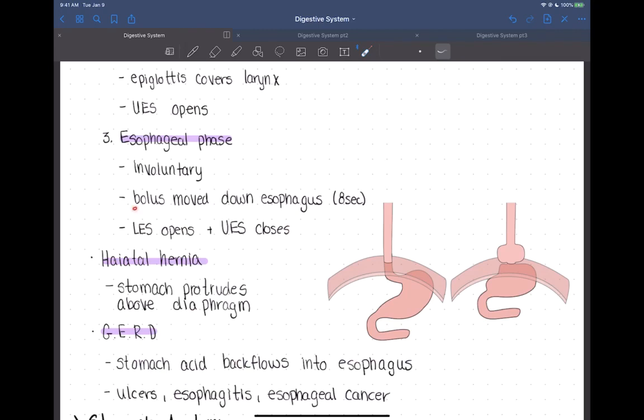All right, so this process of moving the bolus through the esophagus is going to be accomplished through peristalsis.